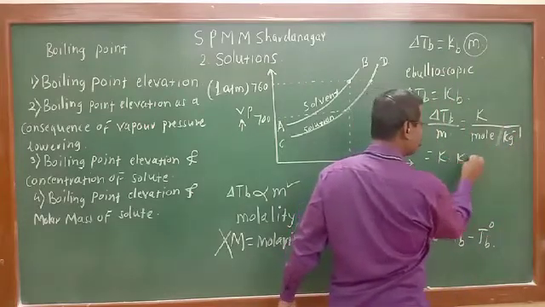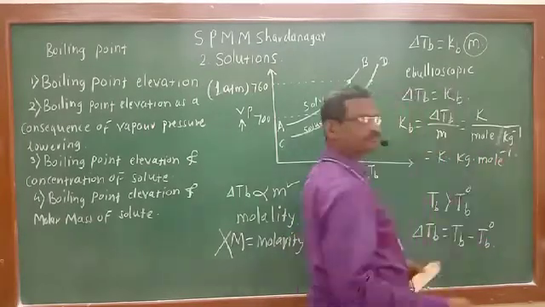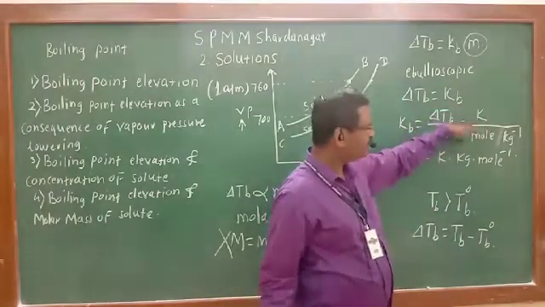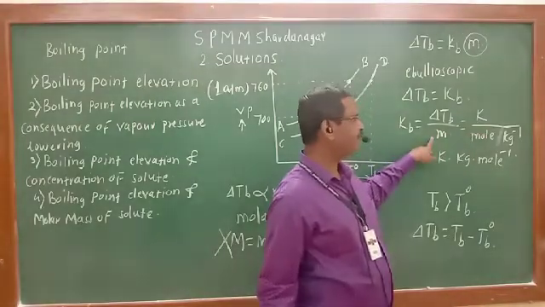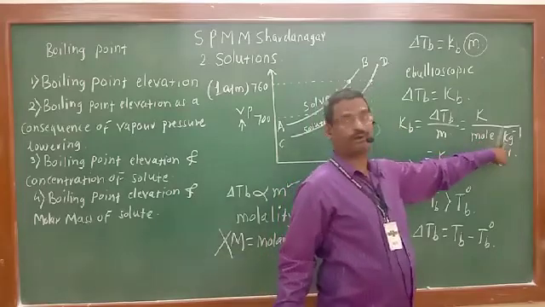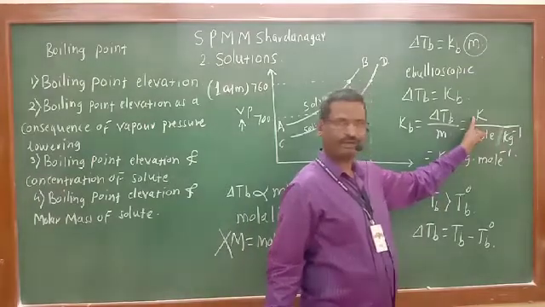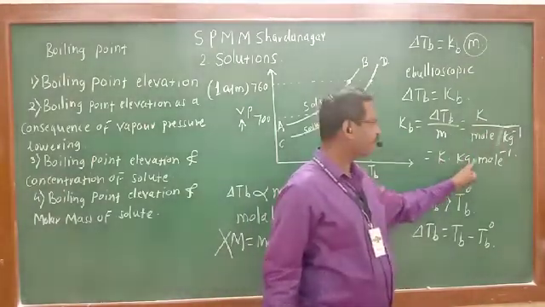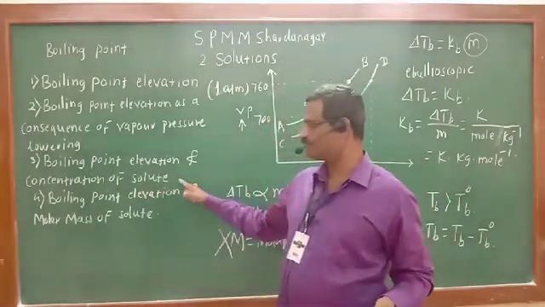Kelvin kilogram per mole. This is written in this format. Kelvin kilogram per mole. Because what is molality? Molality is nothing but number of moles per kilogram of solvent. Moles per kilogram. And temperature change, Kelvin. So finally Kb has the unit Kelvin kilogram per mole. That is boiling point elevation and concentration of solute.